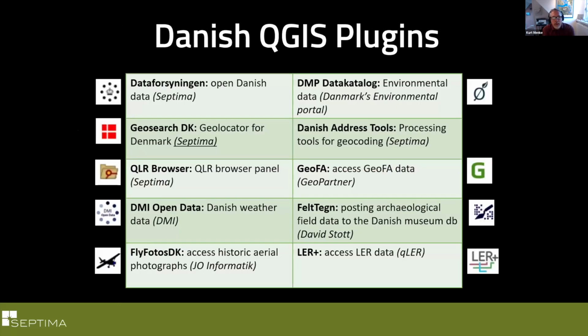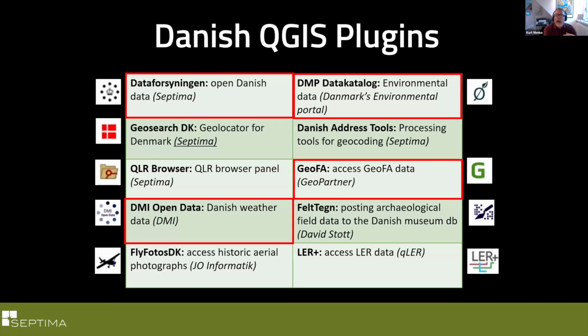So then I just wanted to talk about some of these Danish QGIS plugins, switching back to QGIS for a slide, because most of them are specifically there to provide access to this data stored in PostGIS to anyone who needs to use it.